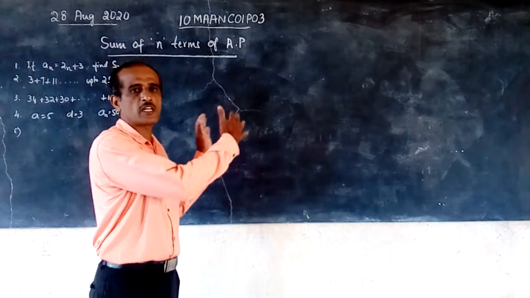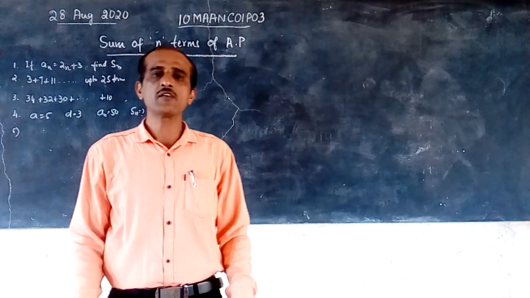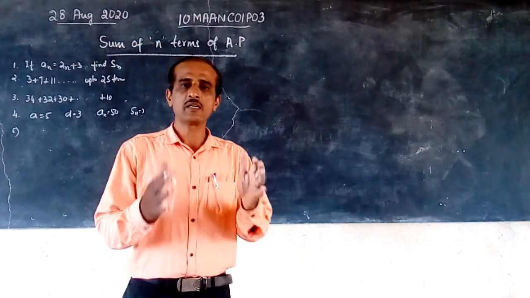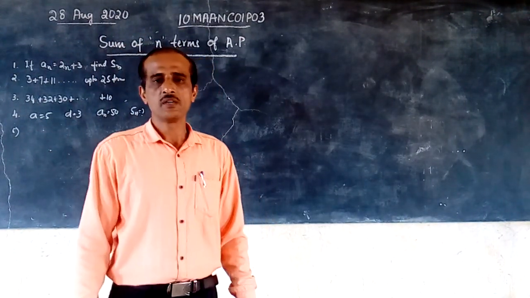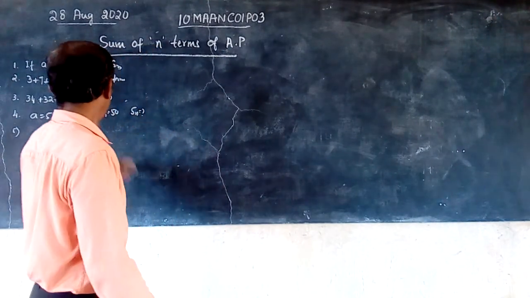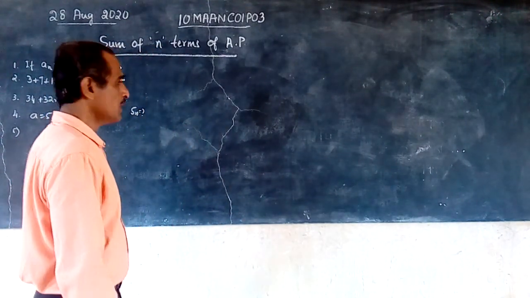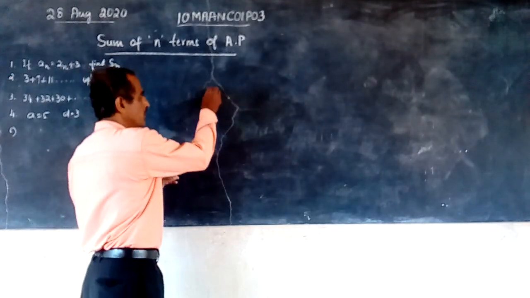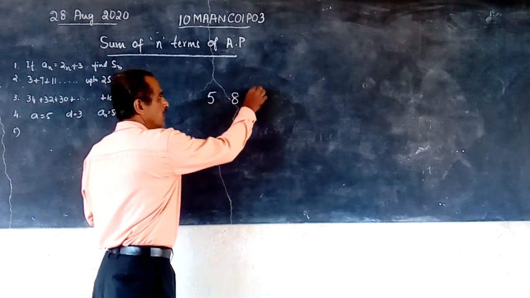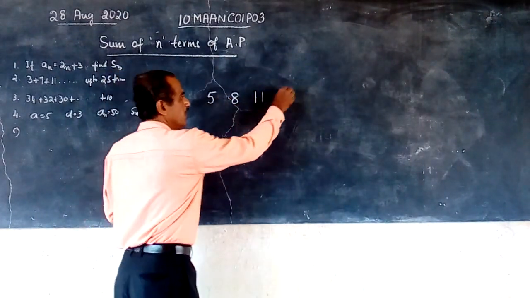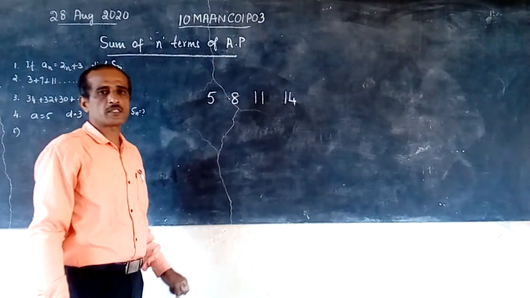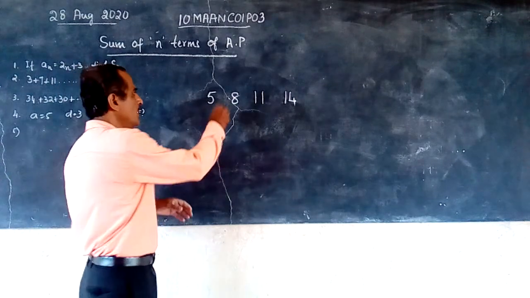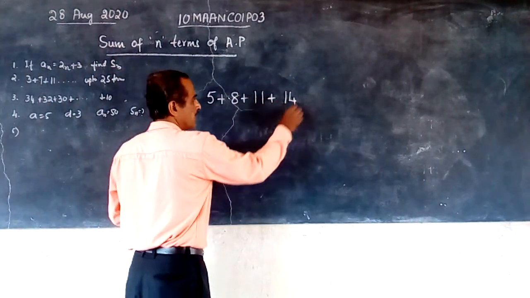If an arithmetic progression is given, how do we find the sum of all those numbers? Different formulae are used for that. For example, take one simple problem with only 3 or 4 terms: the arithmetic progression 5, 8, 11, 14. How do we find the sum?